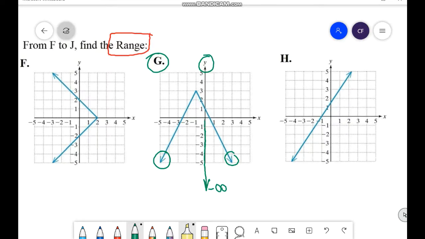But it doesn't go up to infinity. It stops at this point. That means the range is equal, and we start with the least one. The least one is negative infinity to 3. This is the range.